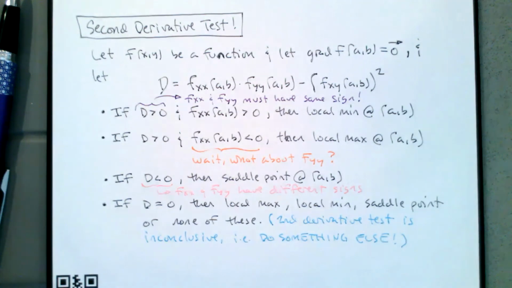And just like with lots of things in math, if we make a calculation come up with 0, then lots of things can happen. The second derivative test is inconclusive. We're going to have to do something else. Remember, this is kind of like in series when you're doing the ratio test.